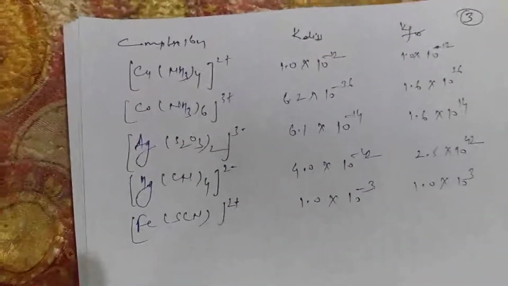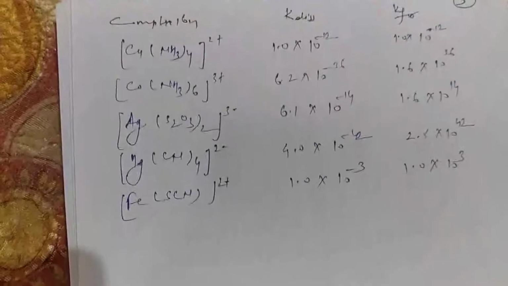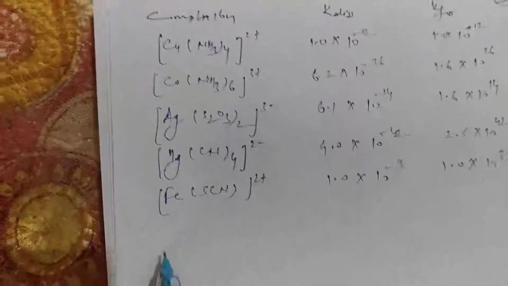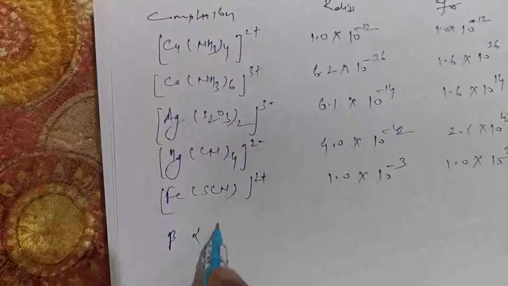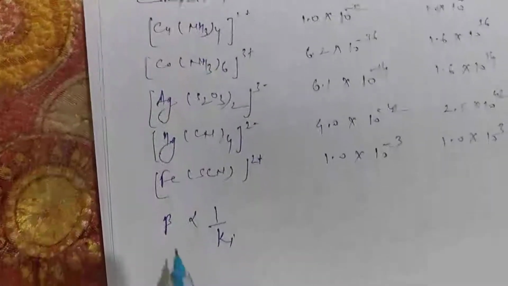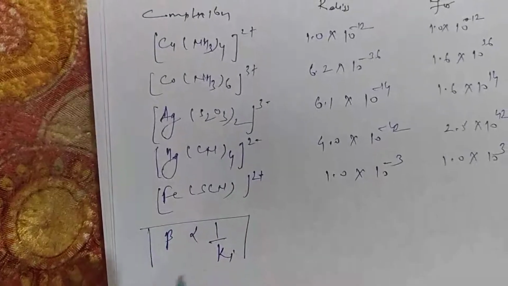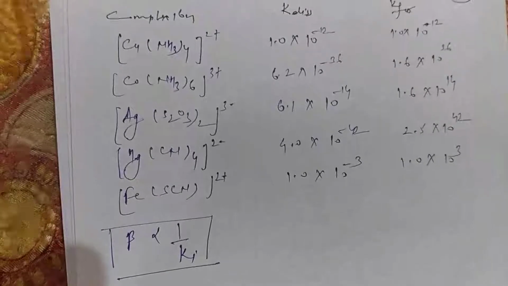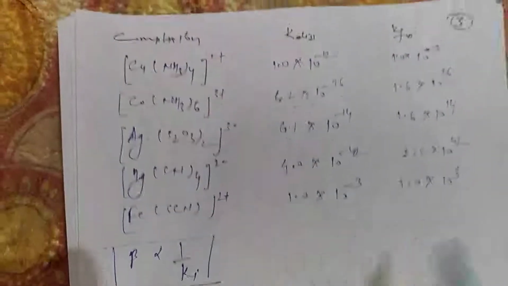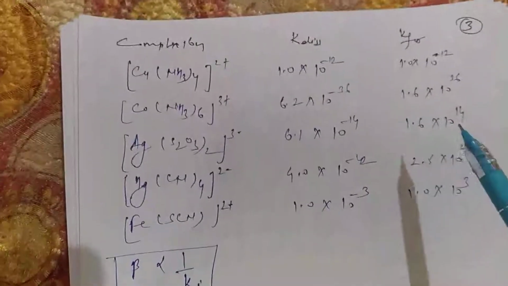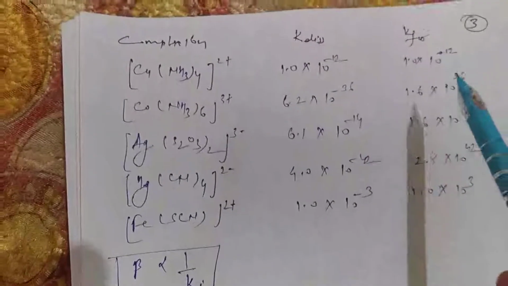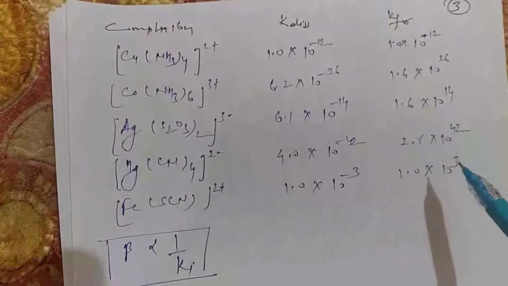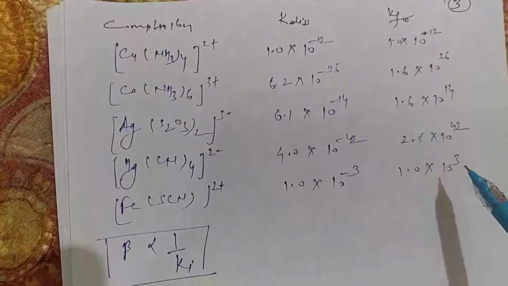Now what information can we collect from this data? We all know that there is a relationship: beta is inversely proportional to Ki. So what does it reflect? It reflects that the maximum value of this beta, the formation constant, is this one, Hg(CN)4.